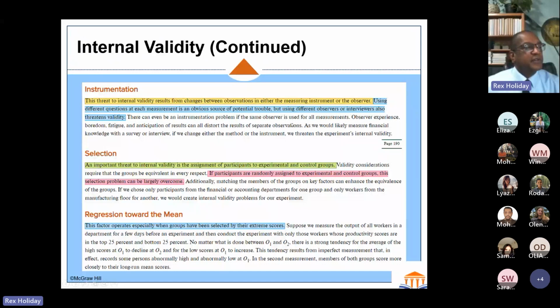As we would likely measure financial knowledge with a survey or interview, if we change either the method or the instrument, we threaten the experiment's internal validity. I think that's pretty straightforward, unless you have some questions.